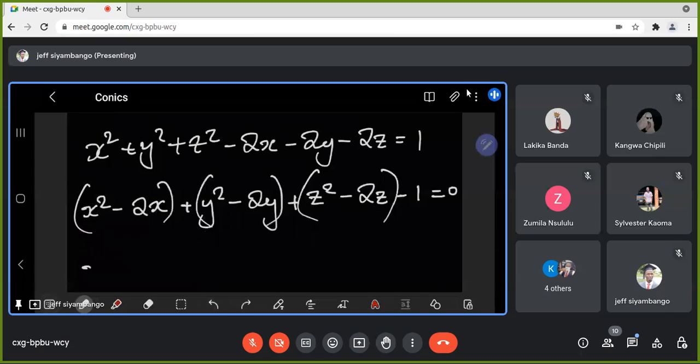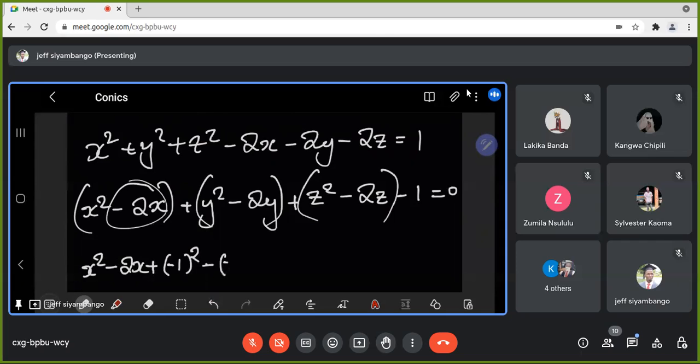So I'll get x squared here. I'll write this term first the way it is, then I'll get half this coefficient. The coefficient there is -2, including the sign. I'll half it, so I'll get -1. Then I'll square it. So I'll add it, that is (-1) squared. I'll add it, then I'll subtract it.